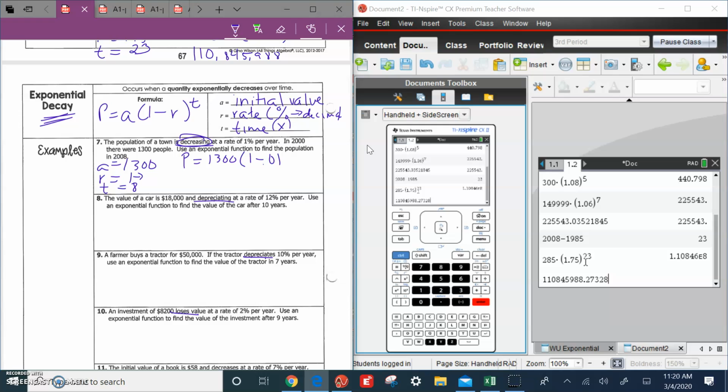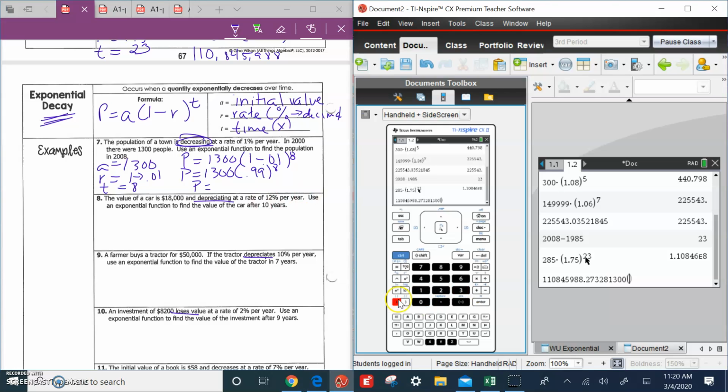Sorry, I didn't change that to a decimal. 0.01, right? 1% is 0.01. Then we're going to raise it to the 8. Very, very important. Please, please, please do the 1 minus 0.01 first. Because in our test, they're not going to give you this first equation. They're going to give you the second one. So make sure you write the second one. And then let's find our answer.